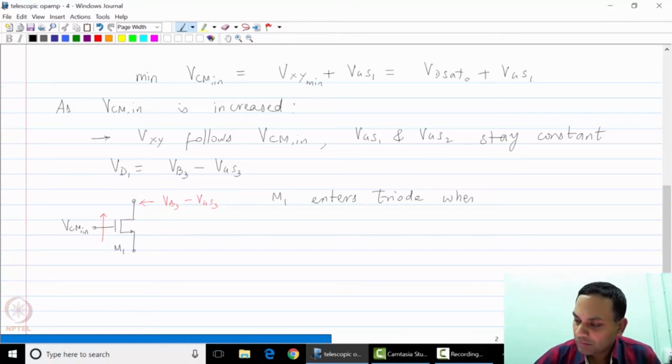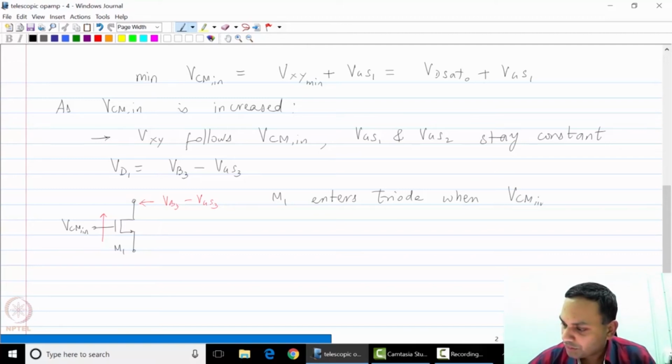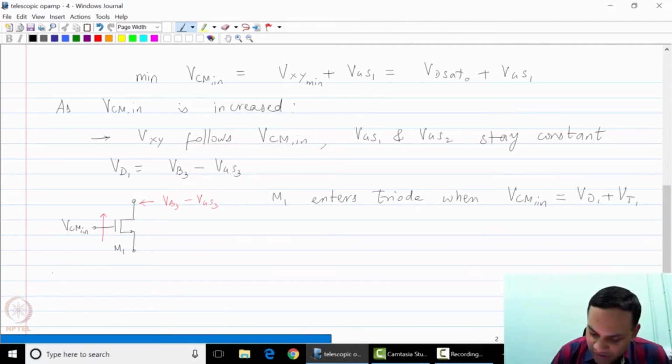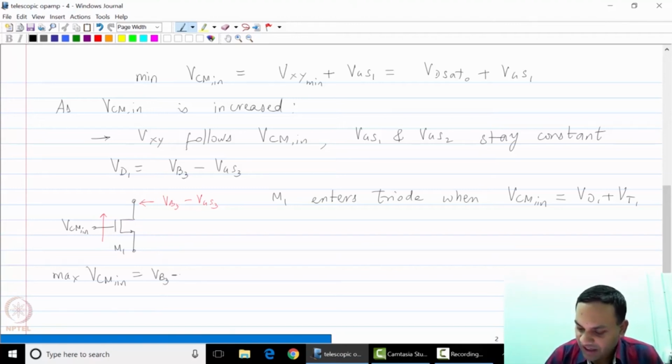when VCM in is one threshold voltage larger than VD1. So in other words, the maximum value of VCM in is VB3 minus VGS3 plus VT1.